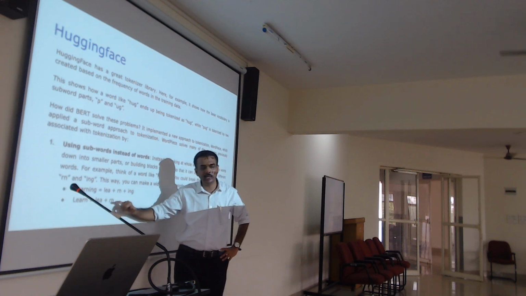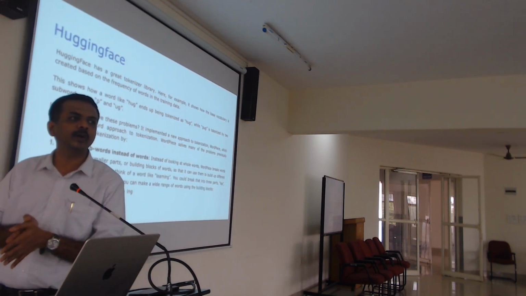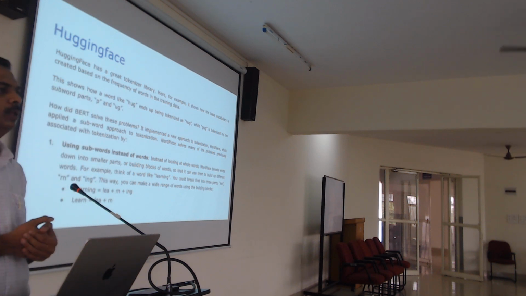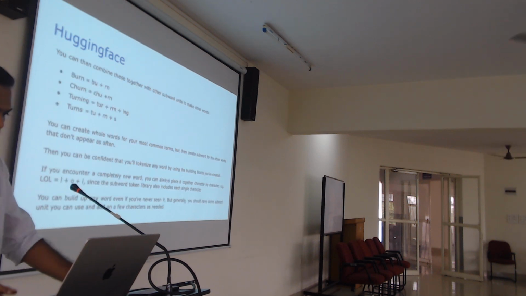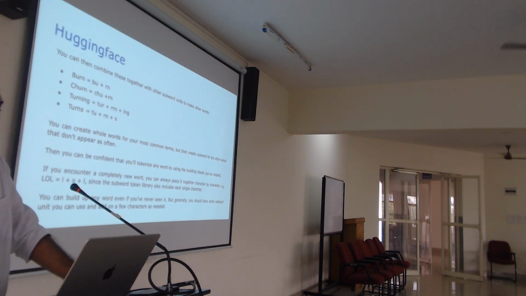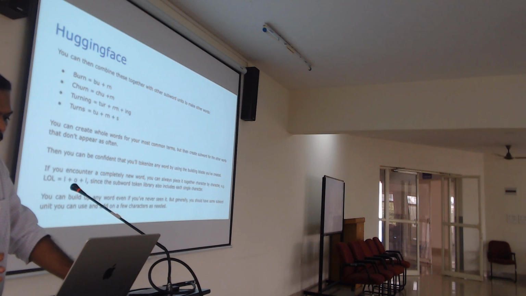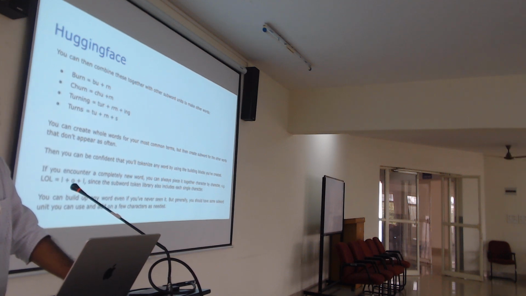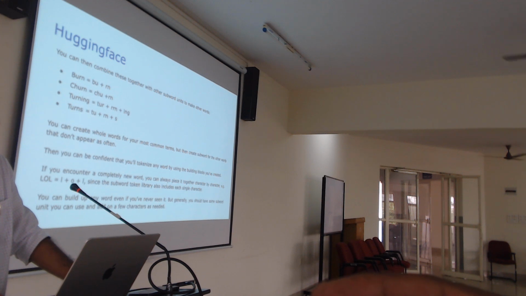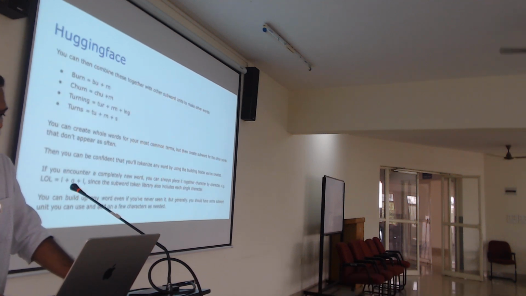For learn it is LEA plus RN. You have a lot of subwords in Hugging Face when compared to the BERT models. For example, a few more examples: burn is BU plus RN, churn is CHU plus RN, turning is TUR plus RN plus ING, right? So you have a lot of subwords defined in Hugging Face when compared to the BERT models.